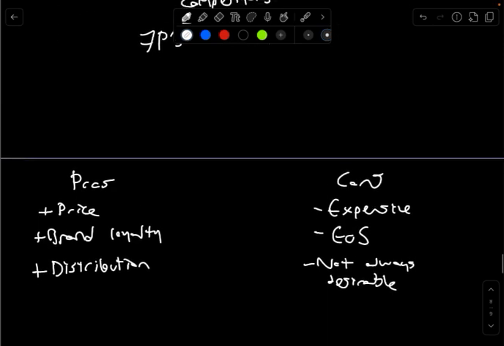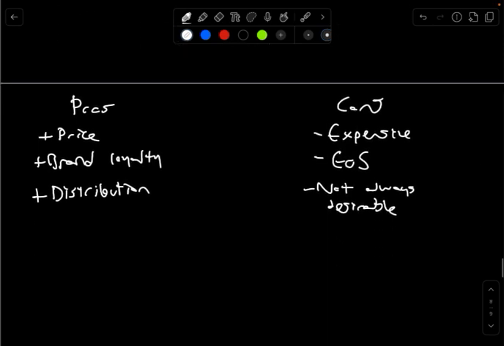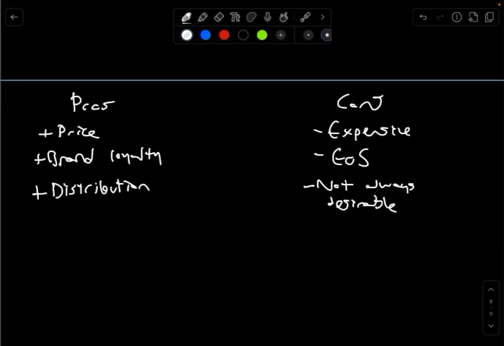And there are obviously some advantages and disadvantages of differentiation. If you differentiate, you can charge low prices for mass-produced products, and because customers have different choices, you have to charge a lower price to attract those customers.